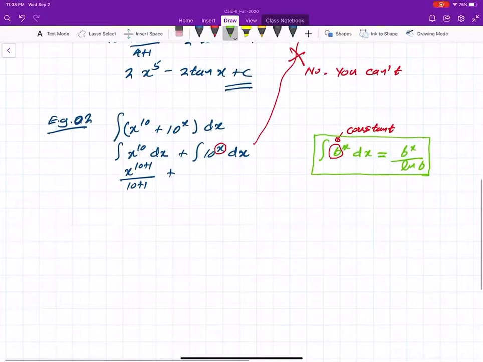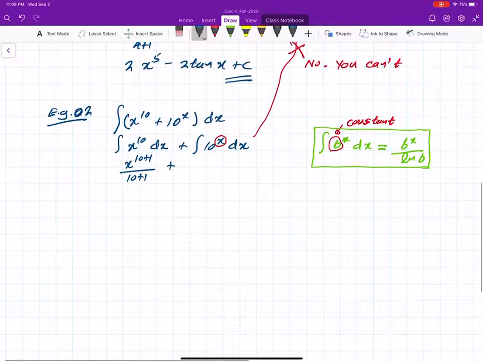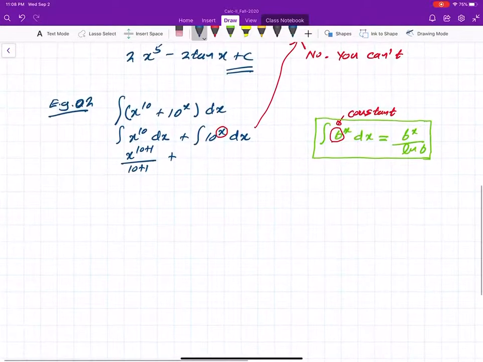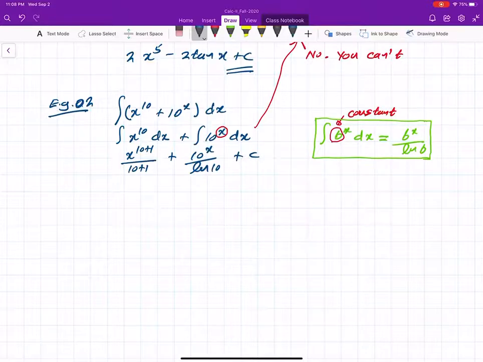Now I'm going to use that formula. Here b is 10, so you write 10 to the power x over ln 10, and then you put one constant for both. Why do I say both? You get one constant out of that, another constant out of that, so you add them up and put one constant instead.